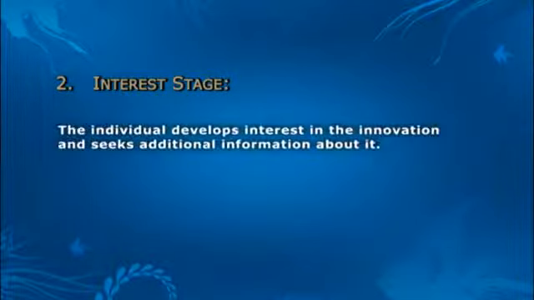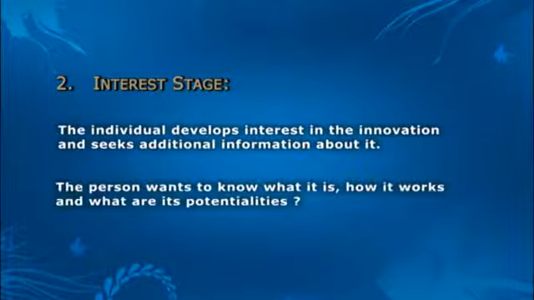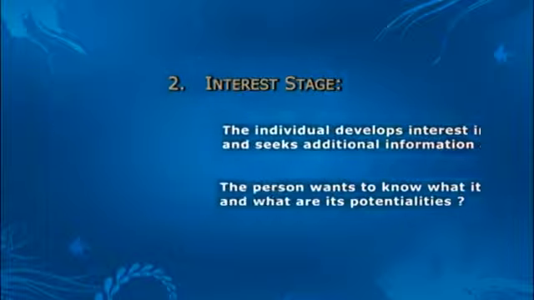So the second stage is the interest stage. The individual develops interest in the innovation and seeks additional information about it. Example, the person wants to know what it is, how it works, and what are its potentialities.